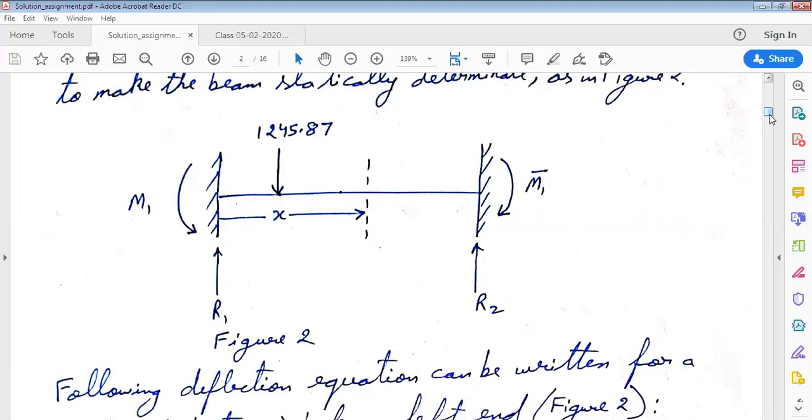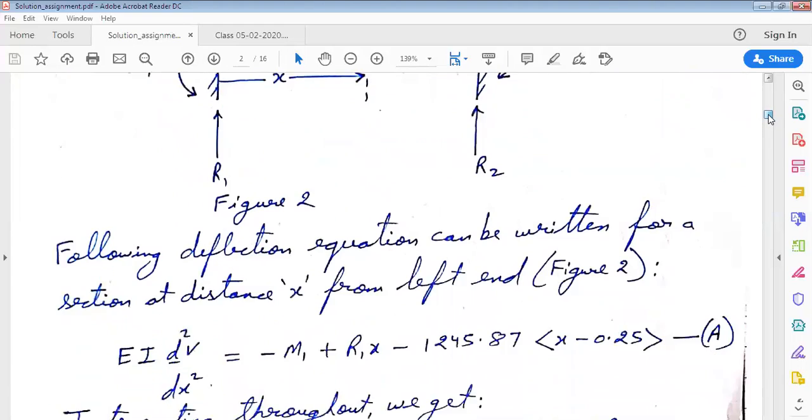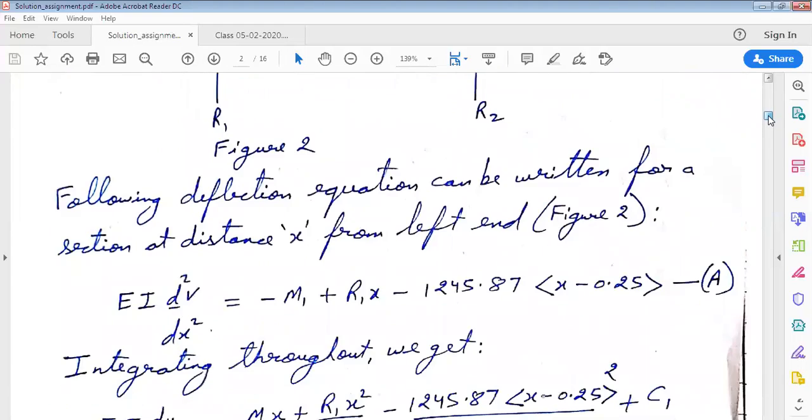For this configuration of the beam, we can write the second order ordinary differential equation as EI d square V by dx square equal to minus M1 plus R1x minus 1245.87 bracket start x minus 0.25 bracket close.